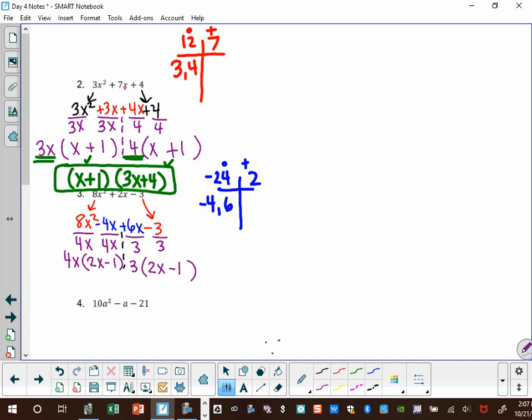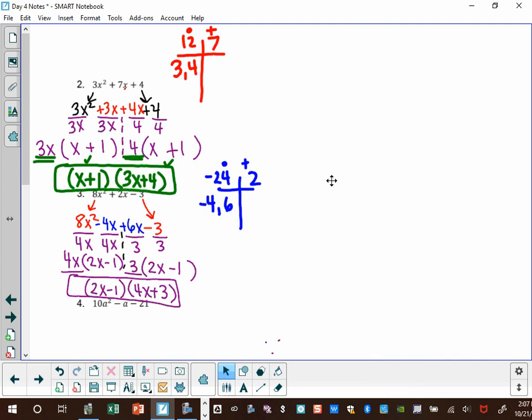Do I have matching parentheses? Yes, I know I've done it right so far. So my answer is 2x minus 1, and then 4x plus 3. Those are my GCFs. Does this make sense how we're doing these problems? Yeah. All right.